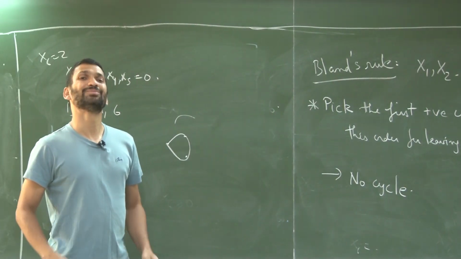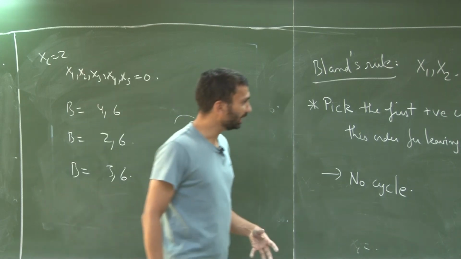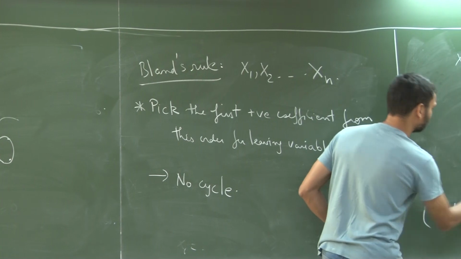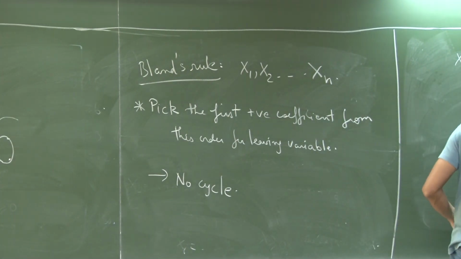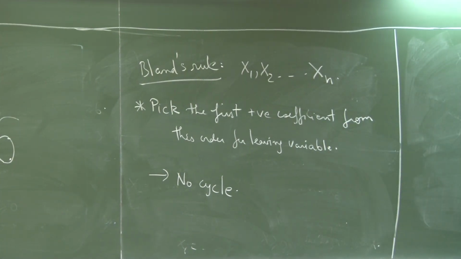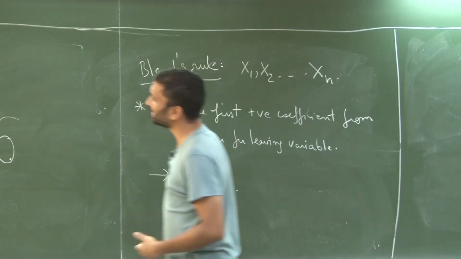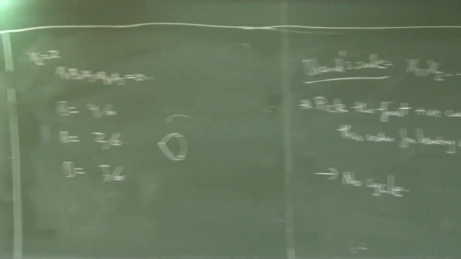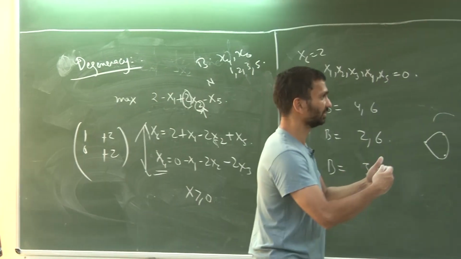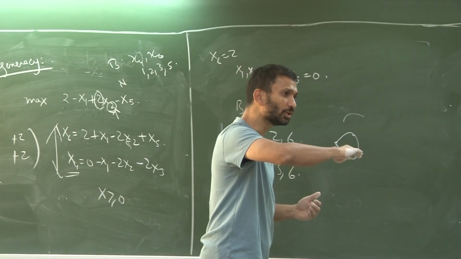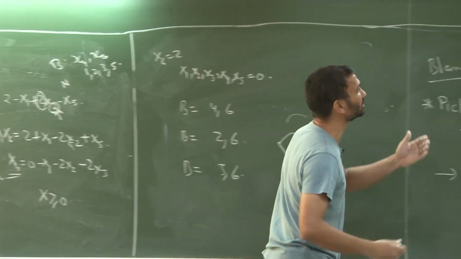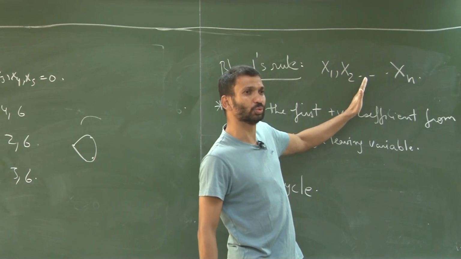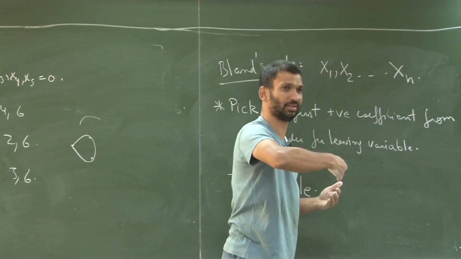You might be wondering why. So what is happening? Basically, the way things work is that if now you have picked x2 here, next time you will only see variables with a positive coefficient which are after that. So if you have picked x2, you will not circle back in some sense.